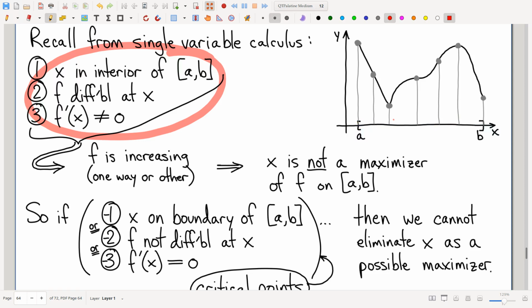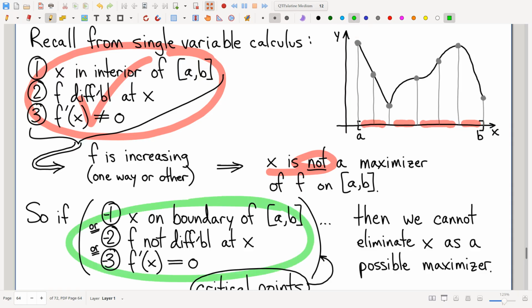And here's the great news. The overwhelming majority of the points in most domains for most functions satisfy these conditions and therefore could not possibly be what we're looking for. The only thing that could go wrong is one of these conditions might fail.